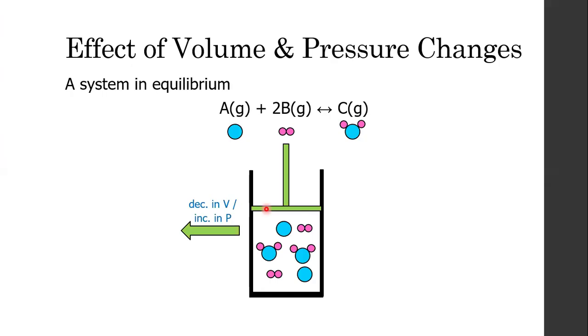Since you already have your ideal gas law lesson about gases, you understand that a decrease in volume can be attributed to an increase in pressure as well. So these two changes have the same effect.